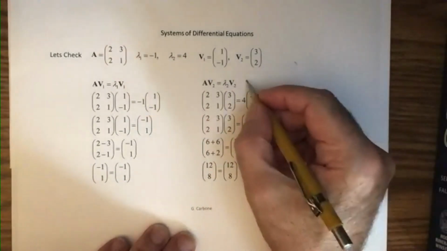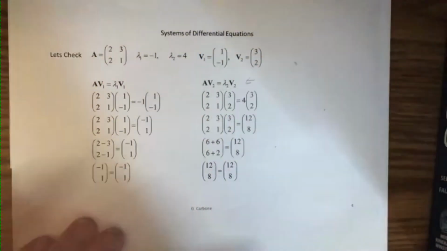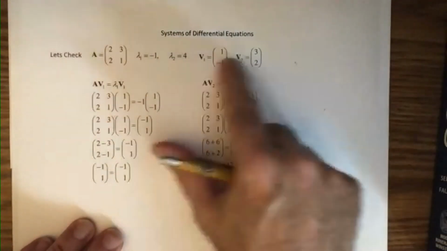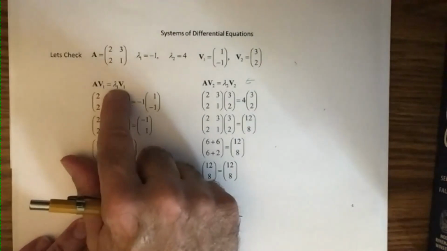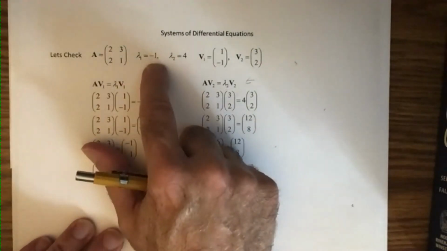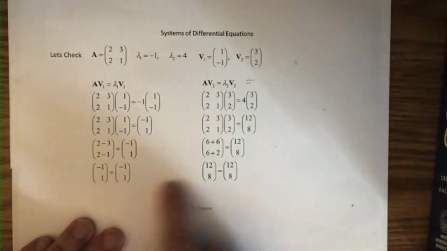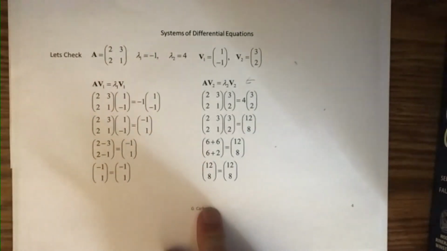That's all we're doing here, a check that we did solve this eigenvalue equation, and that for the eigenvectors and the eigenvalues, we get identity on both sides of the equation.